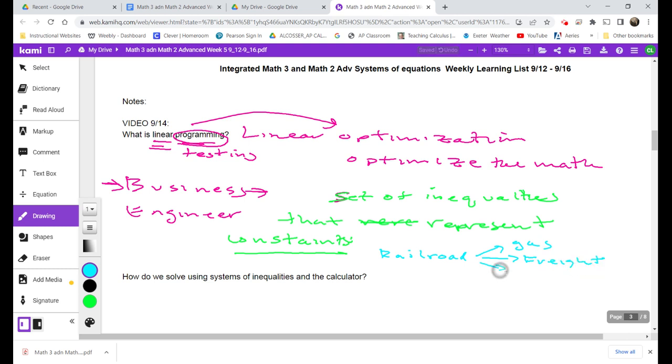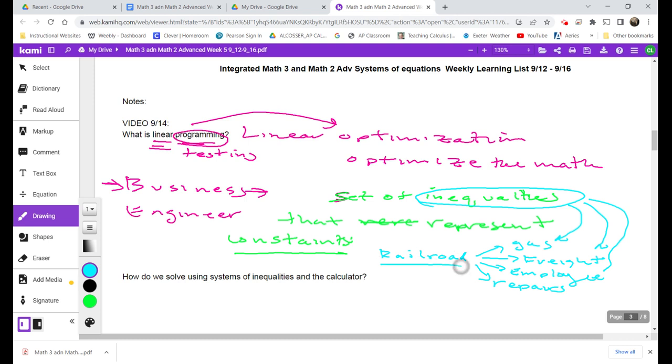They got to take into account their employee costs. And they got to take into account repairs. So each of these is considered a constraint, which is like an inequality. And those inequalities have constraints on how much money the railroad makes.